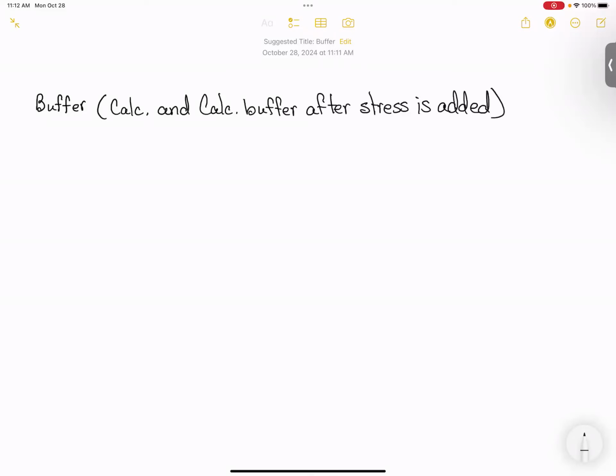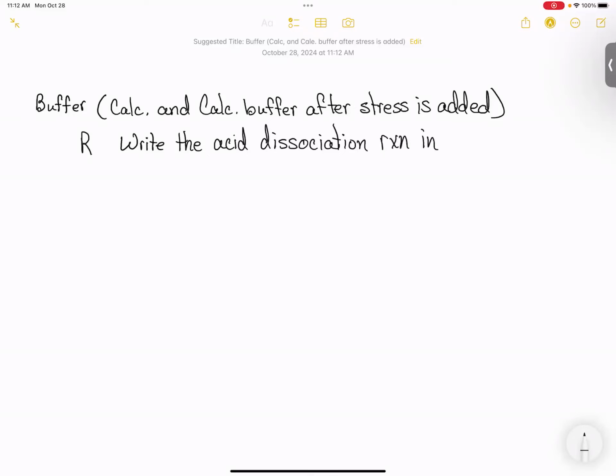Now, as a reminder, you can continue using this concept of RICE. When we talk about R, you're going to write the acid dissociation reaction in water.